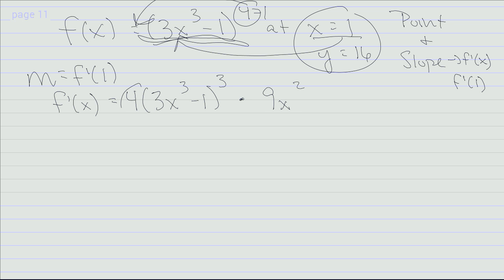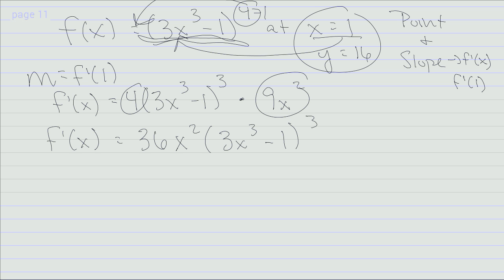Let's clean it up a little bit, so it's not too much algebra. F prime of x is equal to 36x squared times 3x cubed minus 1 raised to the third power. We're now going to find the slope when x is 1, so f prime of 1.